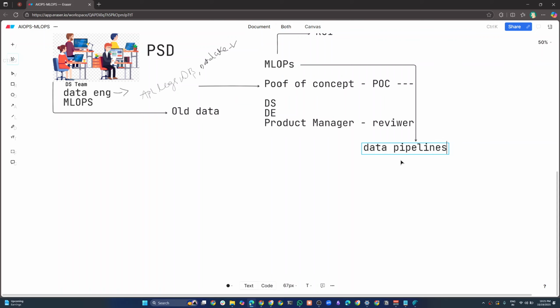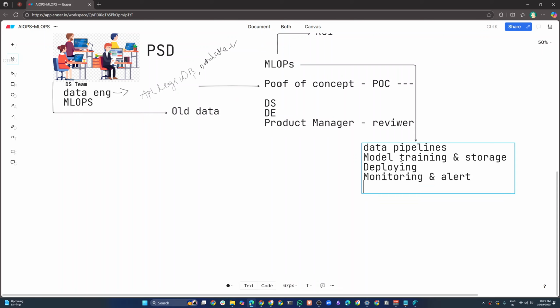You need to design the pipelines and model training, storage where you'll be storing, and deploying, on which platforms you would be deploying, such as SageMaker, Vertex AI, Azure Machine Learning Studio, Kubernetes, and many others, and monitoring and alerts as well. And how are you planning this CI/CD retraining process?